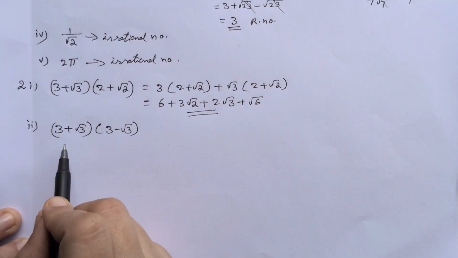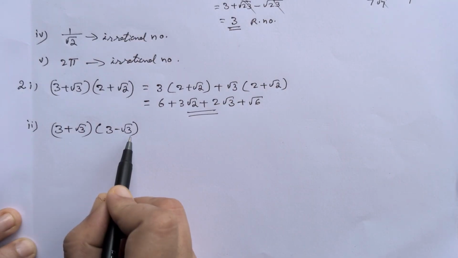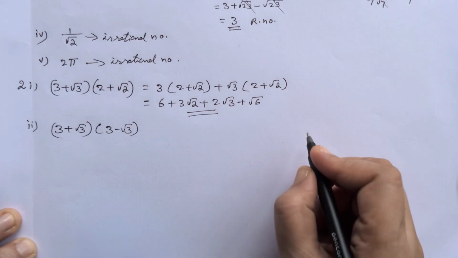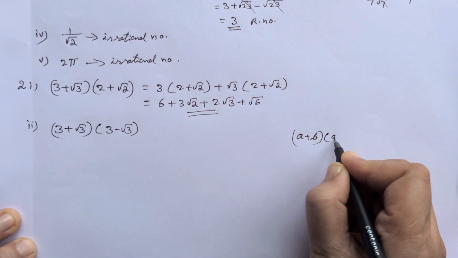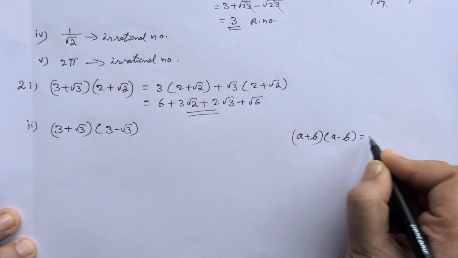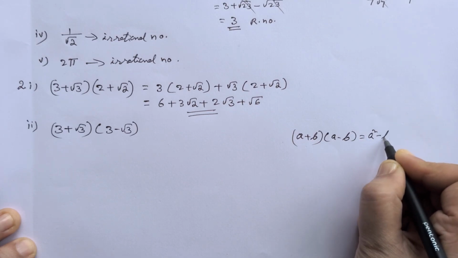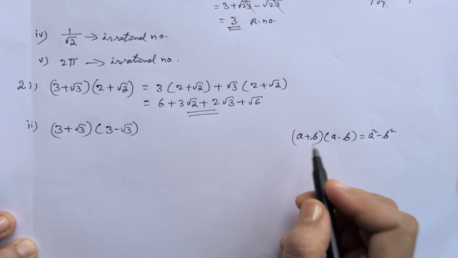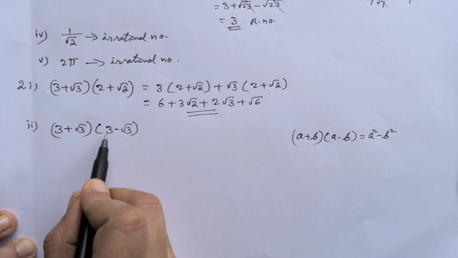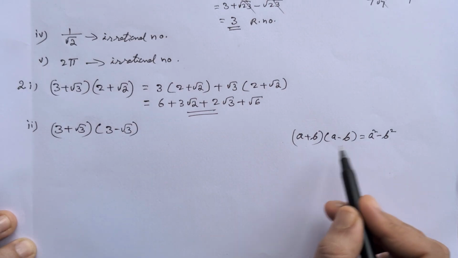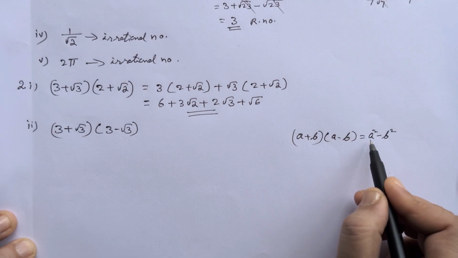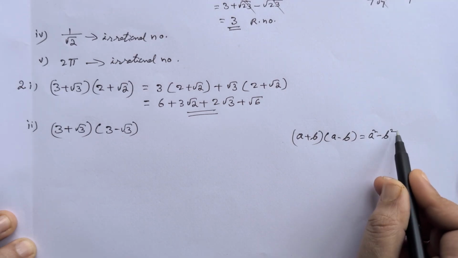Second question, 3 plus root 3 into 3 minus root 3. This is of the form a plus b into a minus b is equal to a square minus b square. In the same way, first terms are the same, second terms also the same. So we can use this identity. First term square minus second term square.